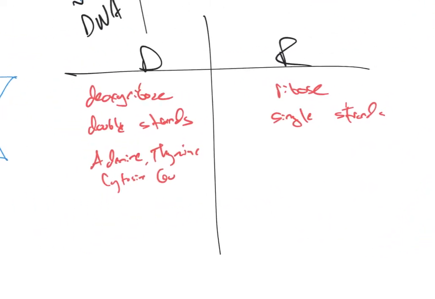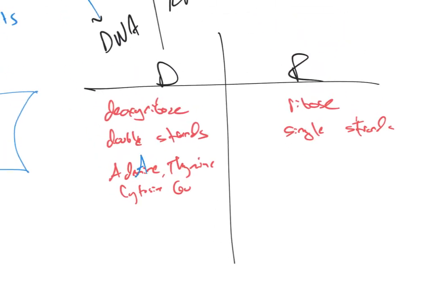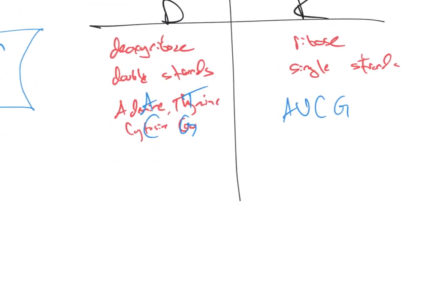Okay, so back to DNA and RNA. In DNA, we have ATCG. RNA is AUCG. Any other differences? U and T. Any other difference? DNA is built different.